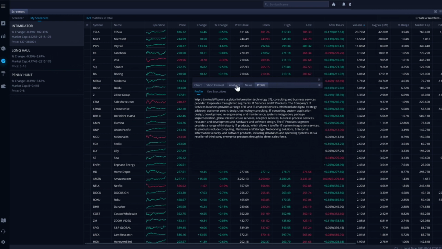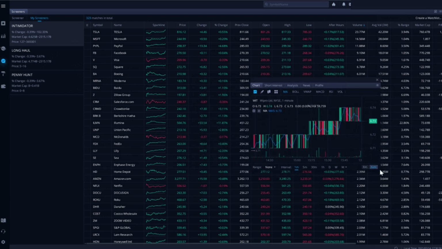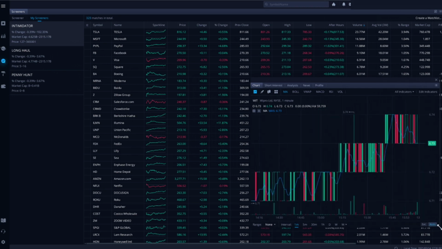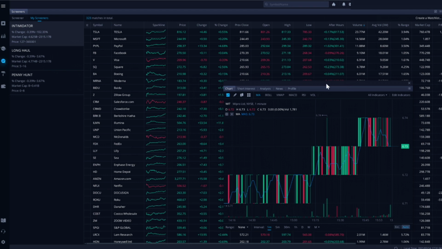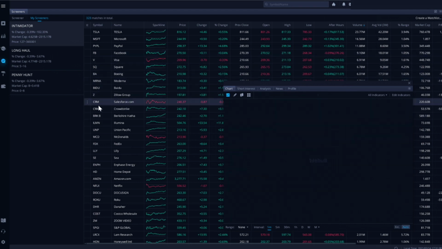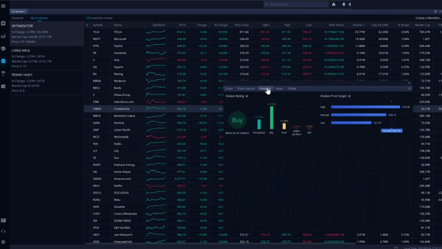All right. Now we've got a chart. Let's make this a little bigger. Okay. And now we should be able to just click here and it brings up our chart. And then we can check our short interest and all this is tied together here.